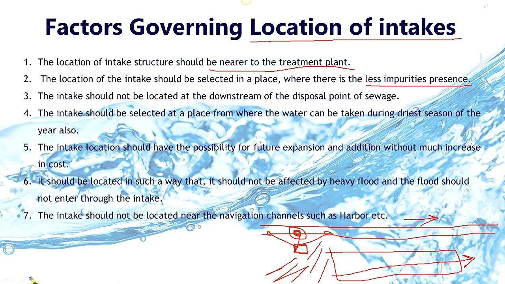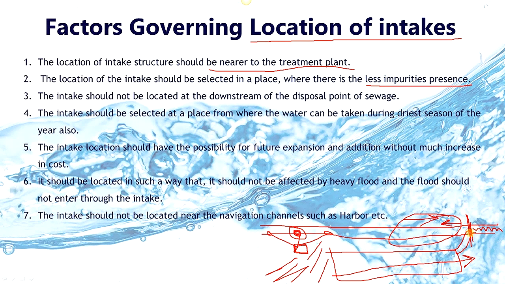If this town is releasing or discharging its sewage or drainage water at this point, then our intake should be before this point. I mean, it should be located upstream of this point, because after this point whatever water is flowing here is contaminated or impure due to sewage entering the river here.